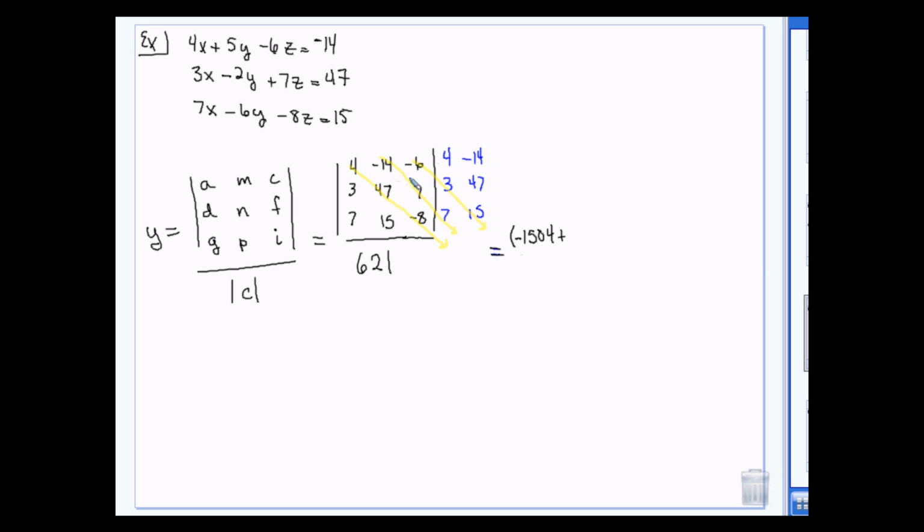So I have 14 times 7 times 7. Again, it's going to be negative. So I have negative 686. And to save space, I'm just going to write minus 686. And then 6 times 3 times 15. Again, negative, so negative 270.